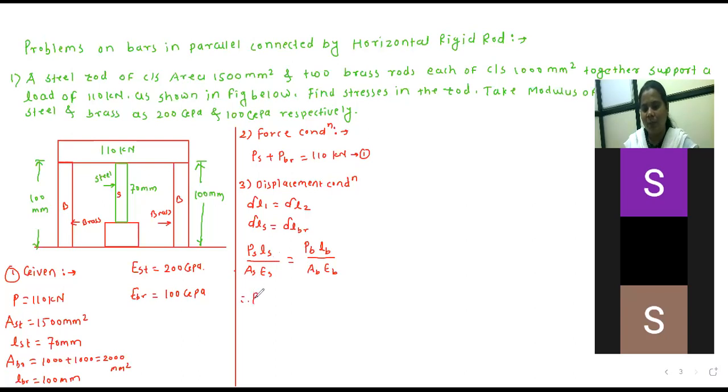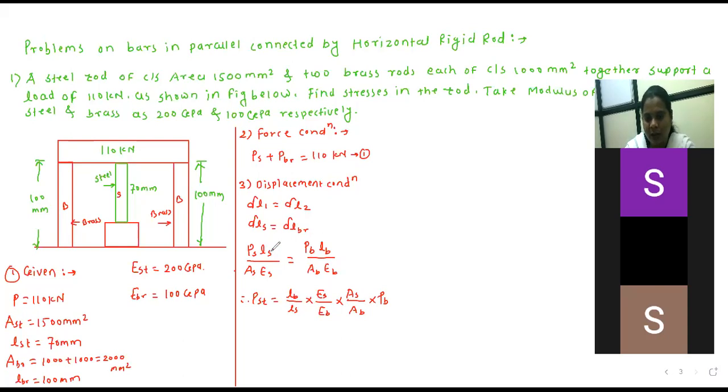Therefore, PS, that is force in steel, is equal to length of brass divided by length of steel into Young's modulus of steel divided by Young's modulus of brass into area of steel divided by area of brass into P brass. I will explain how to rewrite this. बघा इथे काय तुमचा LS आहे, आपल्याला काय करायचंय तो शिफ्ट करायचा आहे.